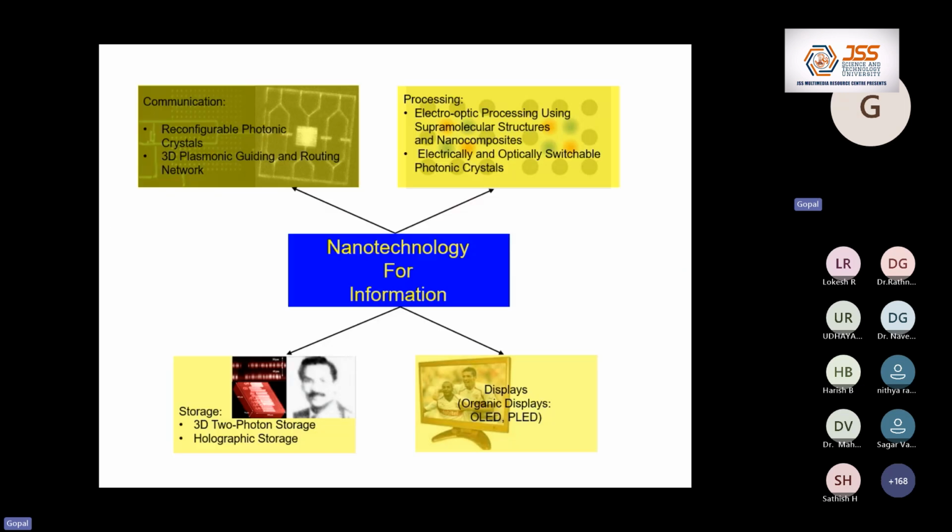Then, don't worry about this, nanotechnology for communication, processing, storage, and displays. What I'm telling here is that with this communication, storage, and processing, this is again a very important thing in biology. Many times you need not go to the hospitals and the doctors. They have some techniques.